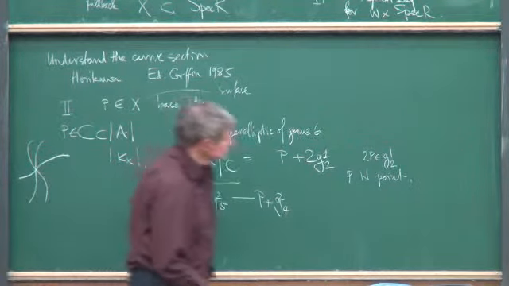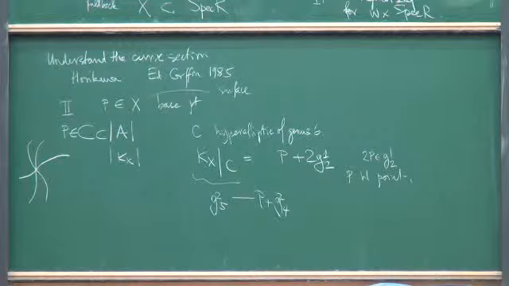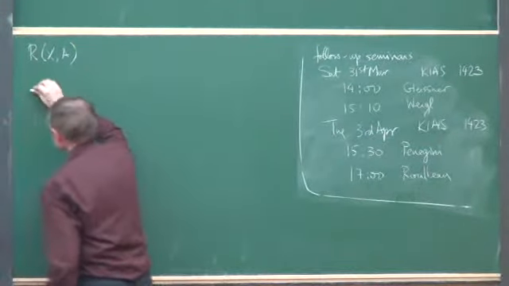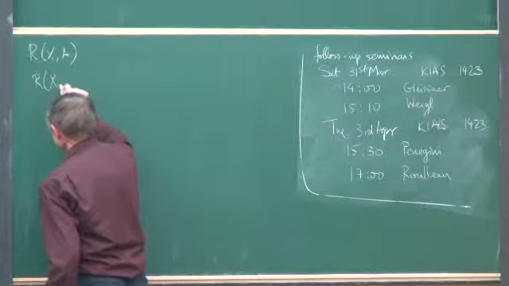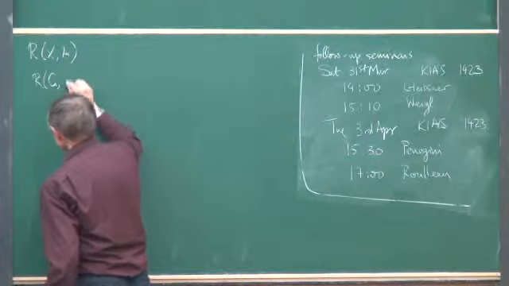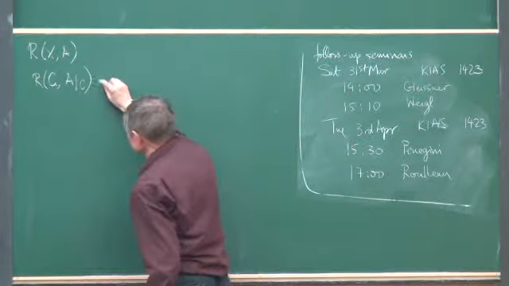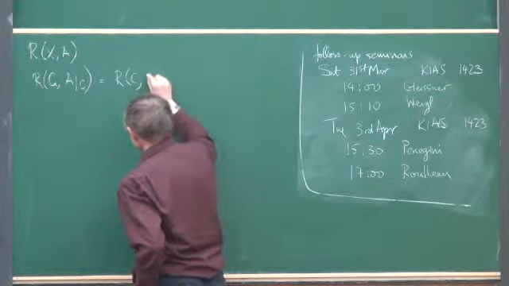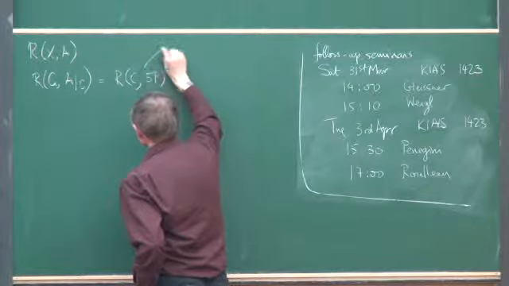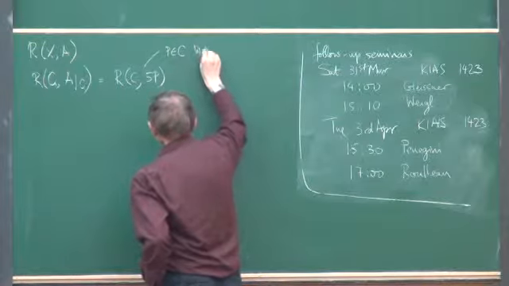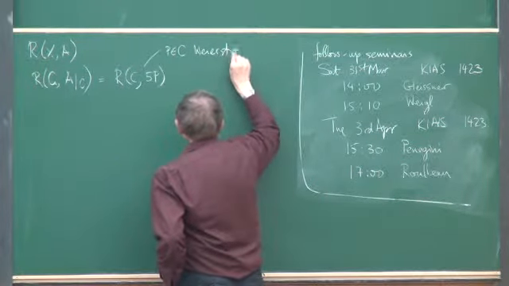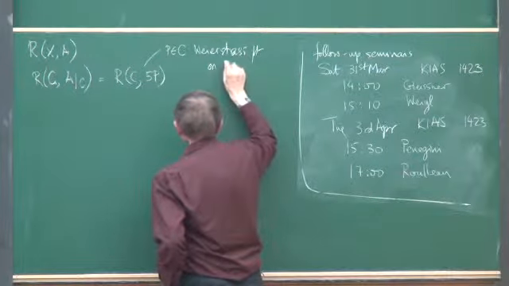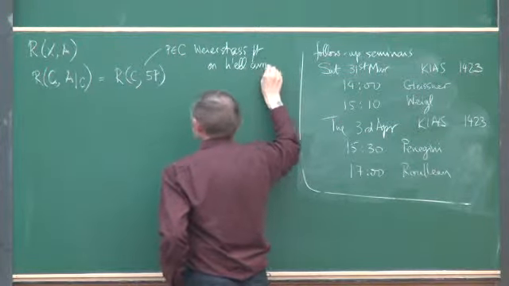So I want to understand the graded ring of X and A, and the first thing I'm going to do is the graded ring of X and of C and A restricted to C. Right, and so this is just a graded ring of C and 5P, where P in C is a Weierstrass point on a hyperelliptic curve. Yeah?